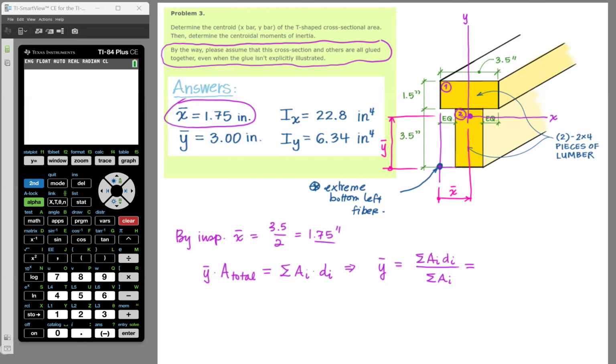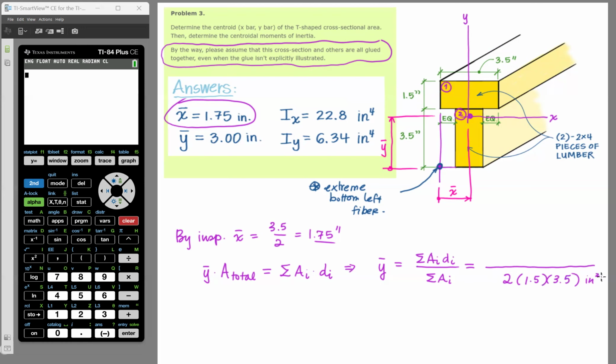That's due to the way that the wood is seasoned as it goes from fresh cut green lumber until it's dry and ready to use for these types of purposes. All right, so in the denominator here, we have quantity 2, and then I've got 1.5 times 3.5. That's all my area, and inches squared are my units down there.